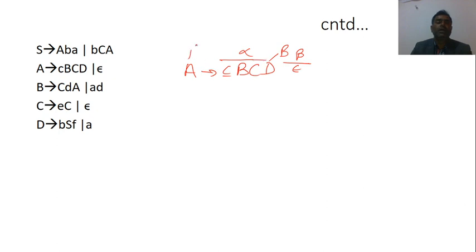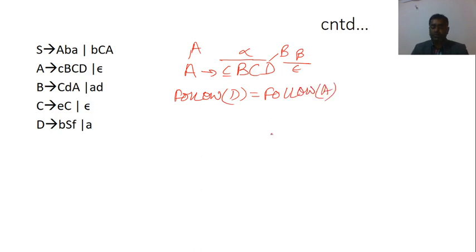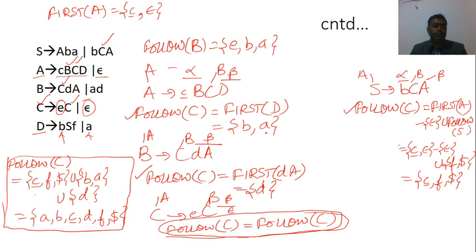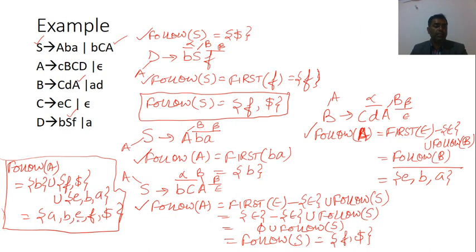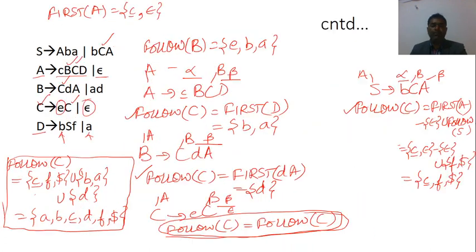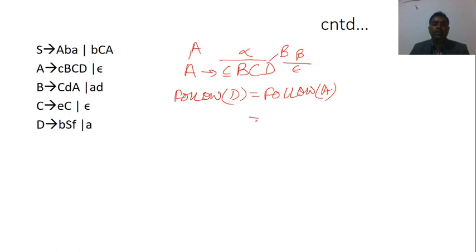This one is our A. So I can write here follow of B, that is D, equal to follow of A. And what is our follow of A? Follow of A is A B E F dollar. So this is our follow of D.